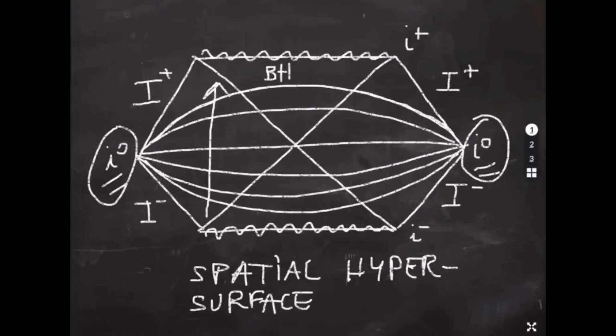The most common one, or one of the most common ones, is the ADM mass, which profits from the asymptotical flatness of a space-time. You know that over these surfaces here, with capital I's, well, actually they should be curly I's, but just use capital I's, space-time is flat.